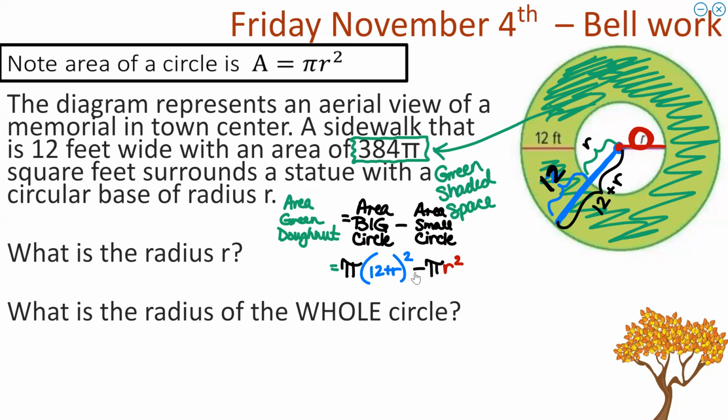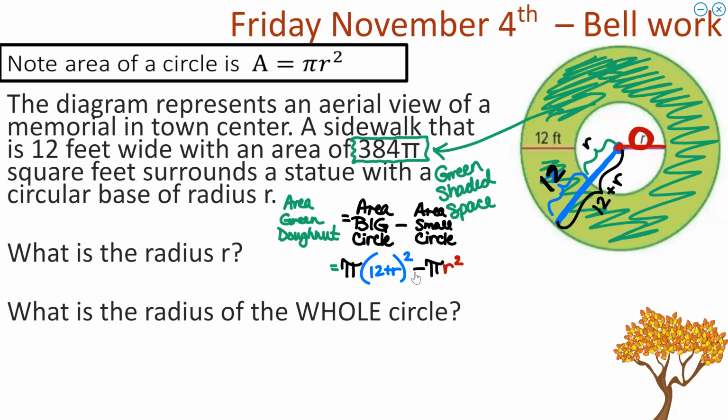What else do I need to distribute? R from right here has to be distributed. What is r times 12? 12r. What is r times r? R squared.